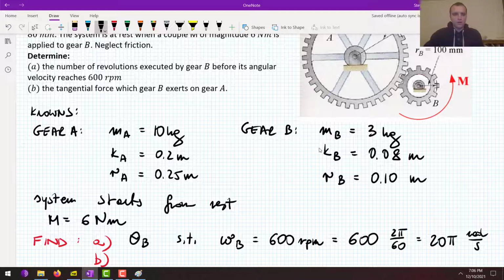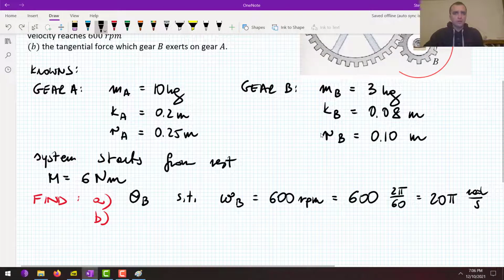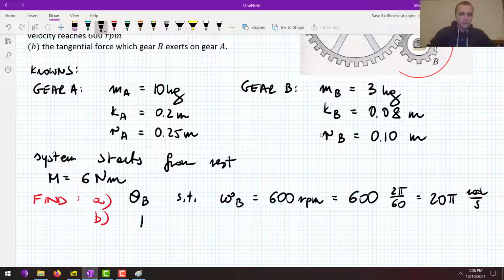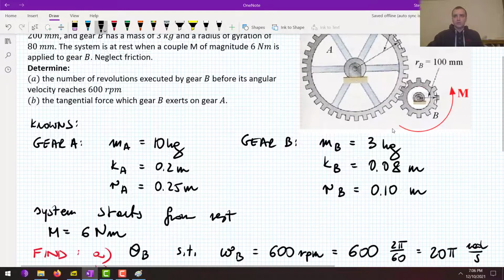So we must find theta B when omega B of this value is reached. And also we should find the tangential force that gear B exerts on gear A, so it will be T measured at A generated by B. Okay, I think we know everything. Let's start our solution.